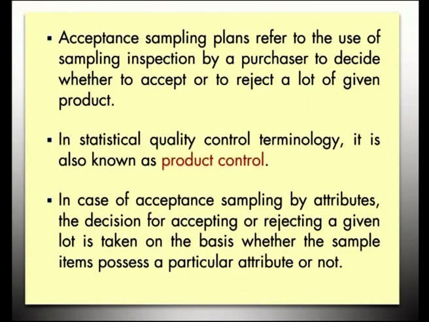In acceptance sampling by attributes, the decision for accepting or rejecting a given lot is taken on the basis of whether the sample items possess a particular attribute or not. It is like the presence or the absence of the attribute.